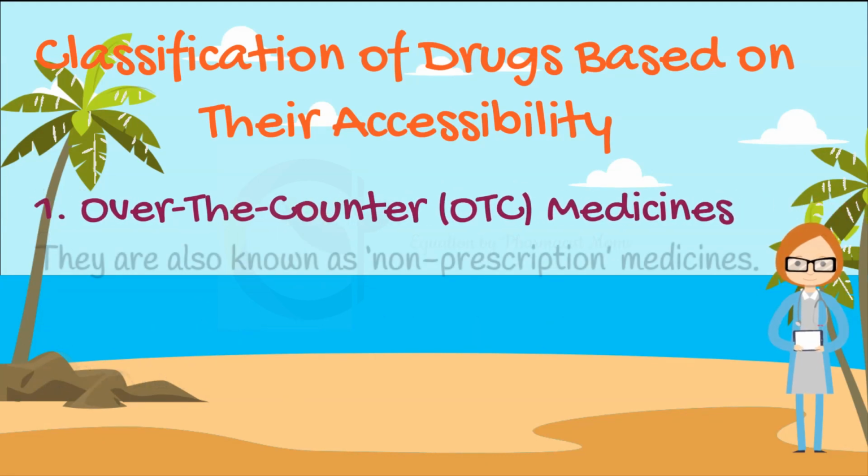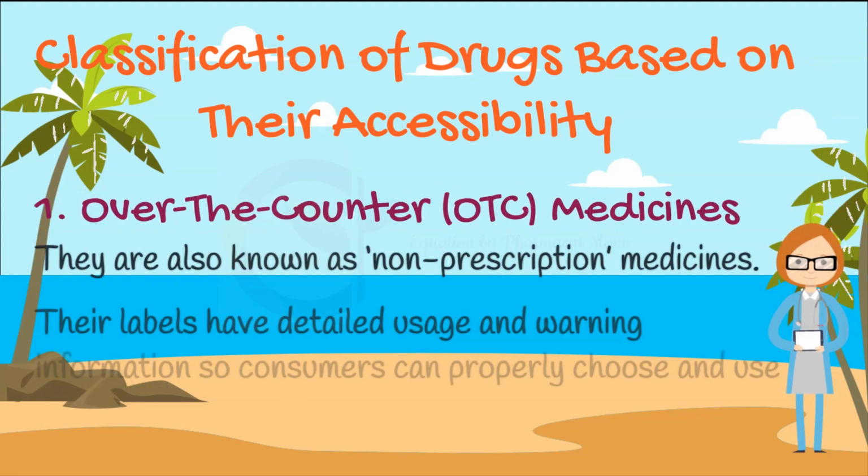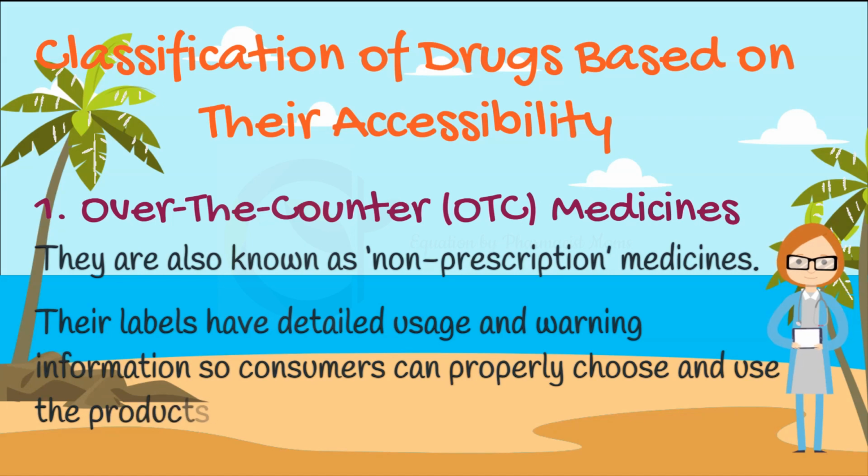Over-the-counter or OTC medicines are also known as non-prescription medicines. They can be purchased without a prescription and utilized to prevent or treat an array of ailments. All non-prescription, over-the-counter or OTC medicine labels have detailed usage and warning information so consumers can properly choose and use the products.